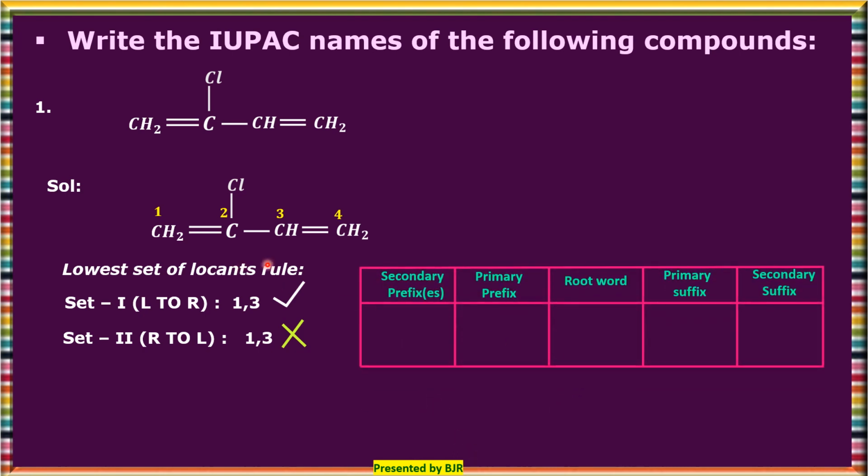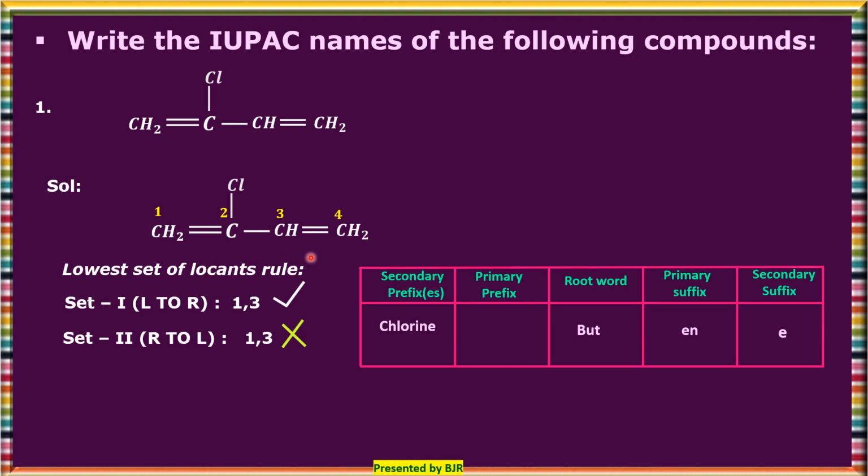And the root word is but, primary suffix en because it contains double bonds. Secondary suffix is e, and one substituent is there, that is chlorine. So here two double bonds are there.